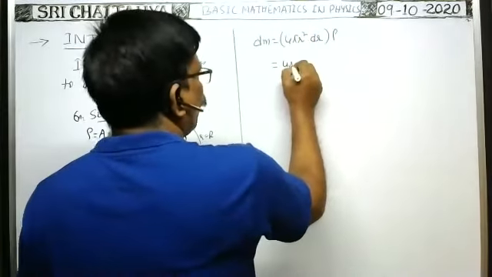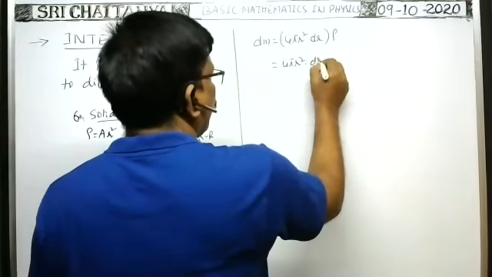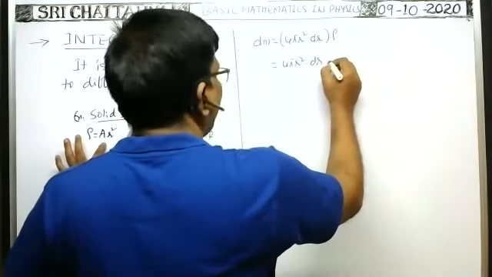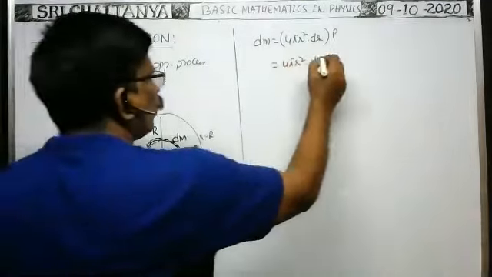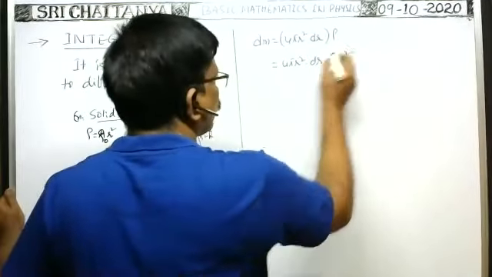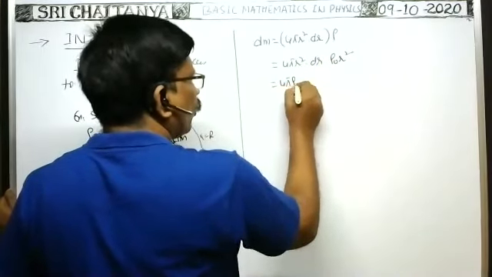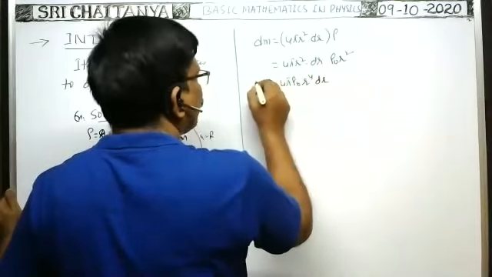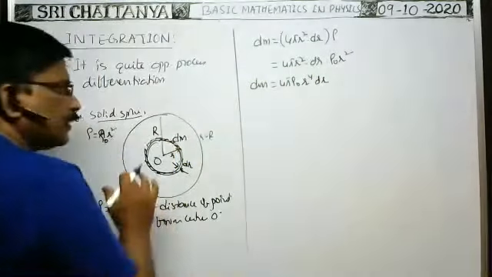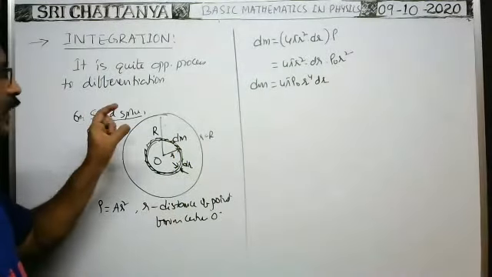So dm is equal to 4 pi r squared into dr into rho, where rho is rho naught into r squared. Rho naught is constant, therefore dm is 4 pi rho naught into r to the power of 4 into dr. It is the mass of the element considered.